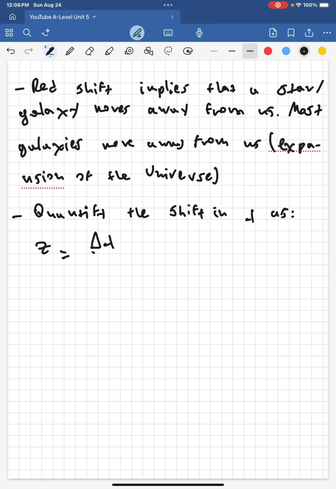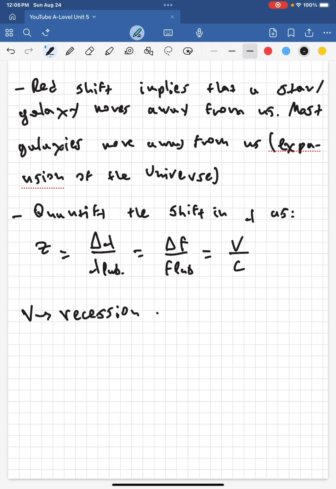So z is delta lambda over the lambda in the lab. This is a dimensionless quantity since we are dividing meters by meters, right? It is also equal to the shift in frequency over the frequency in the lab, and also equal to the velocity of the moving object over the speed of light. The velocity of the moving object is called the recession speed.